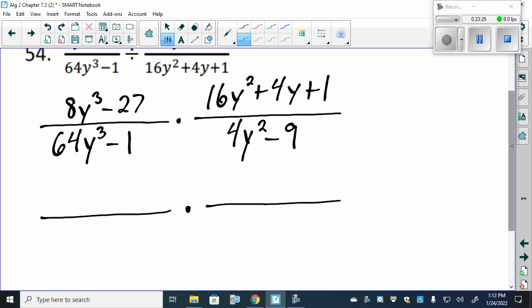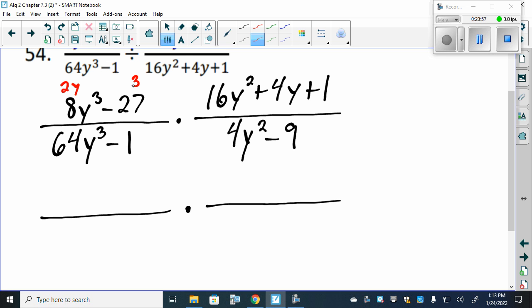Now we look at the first two, 8y cubed minus 27 and 64y cubed minus 1. Since I do have cubes, y cubed, for the first two, I'm thinking there's a good chance it's a difference of perfect cubes. 2 cubed is 8, so if we took the cubed root of 8y cubed, it would be 2y. If we took the cubed root of 27, we would get 3.